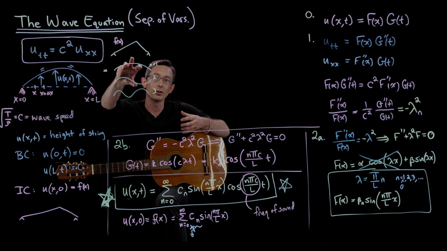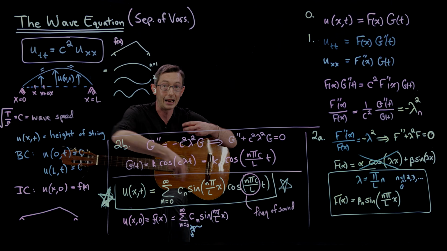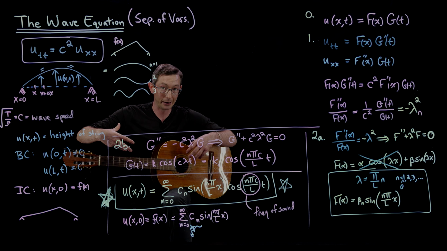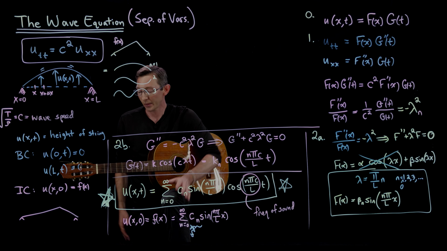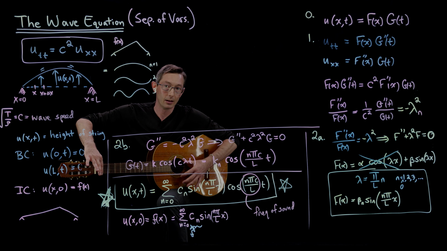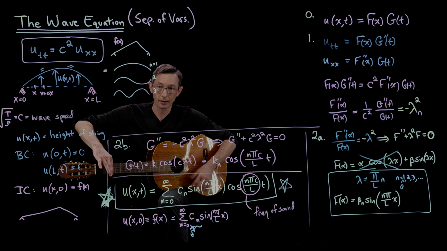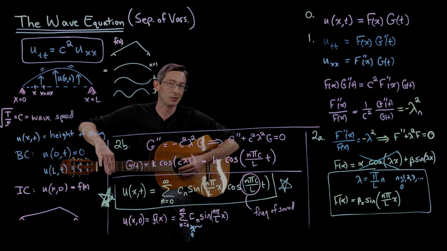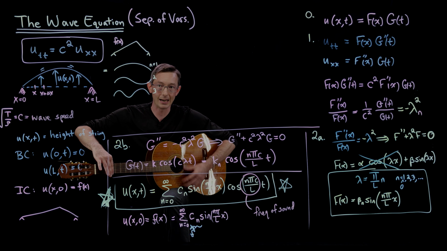You can picture the sum of all of these waves, with their amplitudes oscillating in time, generating that sound. And if I very lightly hold down the string at just a random location, you hear that it's really damped. You don't hear anything that sounds nice like a chord, it just sounds damped.